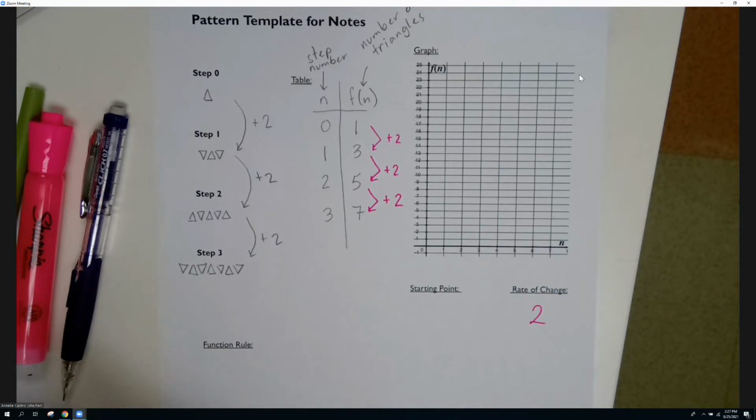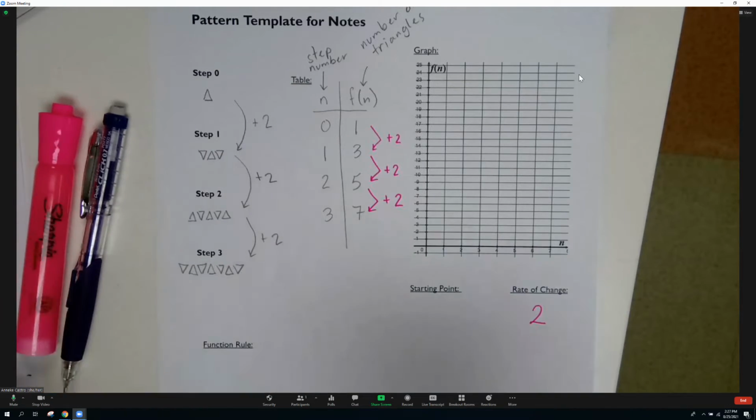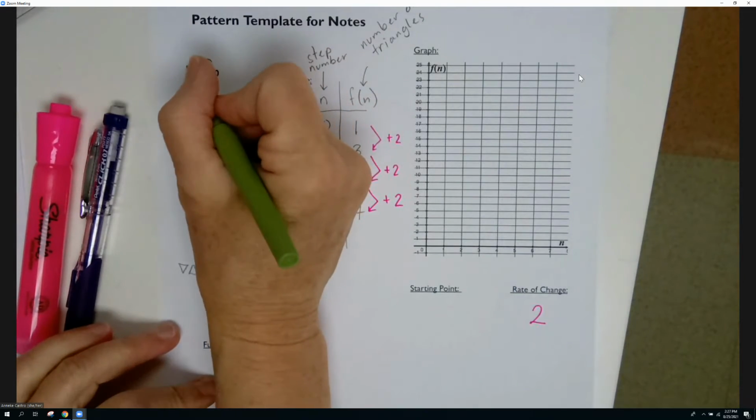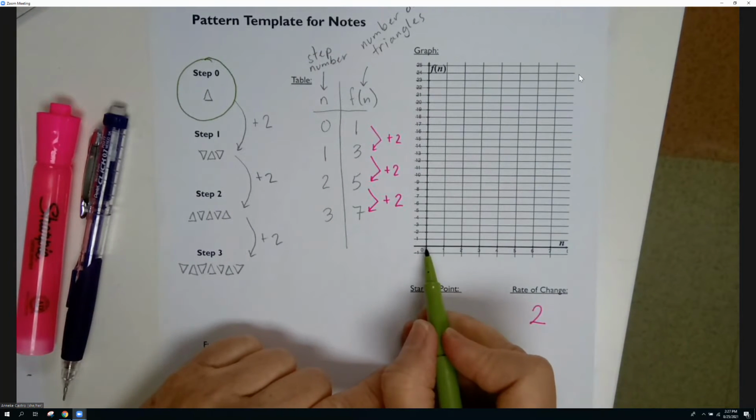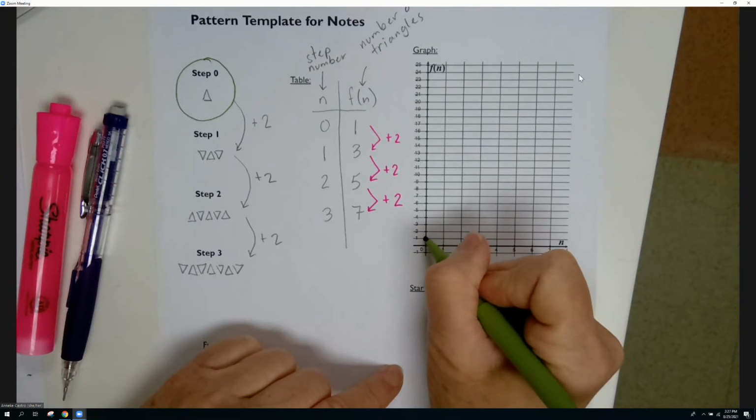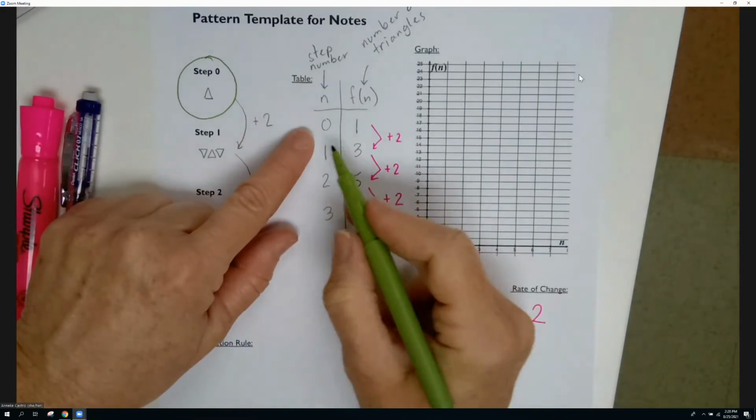Okay, my starting point is step 0. This is what we call our starting point. Step 0 is right here, so my starting point, if I graph my table, is (0, 1).